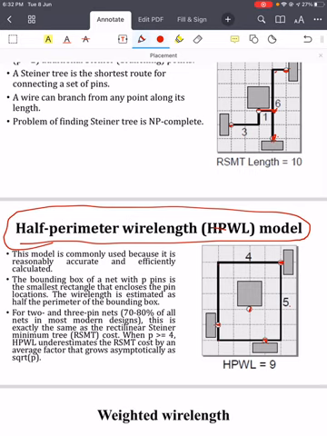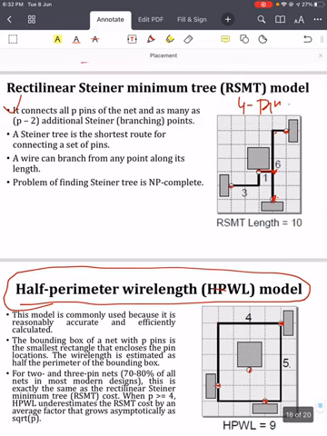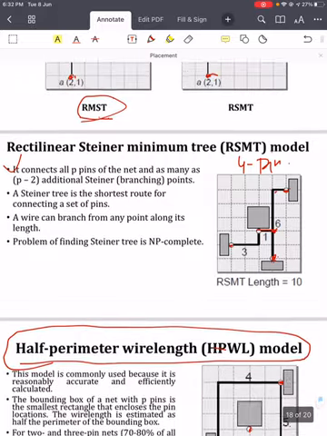But if a net has 4 or more pins, then this HPWL model usually underestimates the RSMT cost by an average factor that grows asymptotically as the square root of P. So for 2-3 pins, the half perimeter wire length model will give you a reasonably good wire length estimate. These are a few techniques for estimating the wire length.